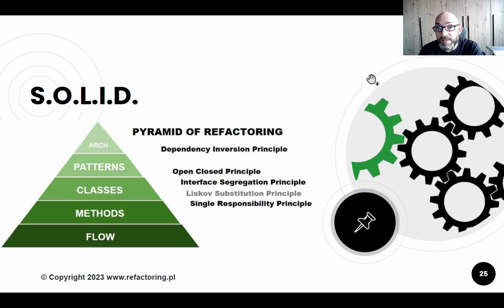Pyramid of refactoring, the term I discovered long time ago, and you can see the best sequence to apply SOLID principles. Begin with small classes, small interfaces, and then you will notice open-close principle. Now it is very easy to add one more implementation of strategy.